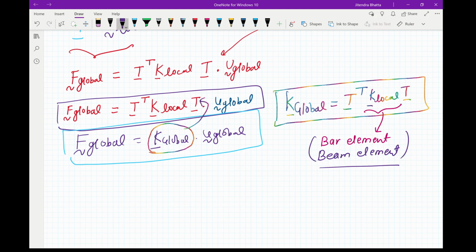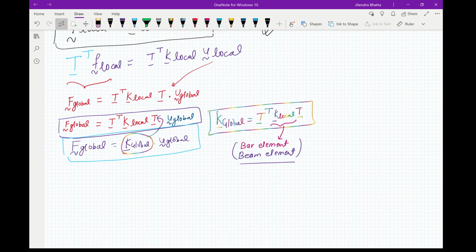Now to find a global matrix of a frame, which may look something like this, you have to find your K local for each of them, and you have to find your transformation matrix for each of them, and then you have to find your global matrix for each of them, and then add these together depending upon the degrees of freedom.